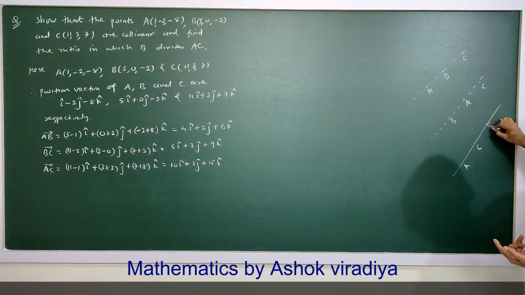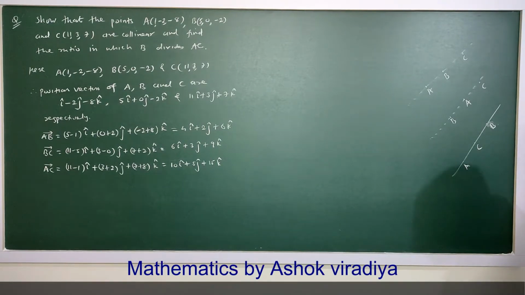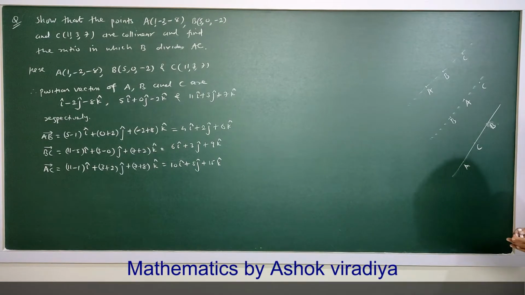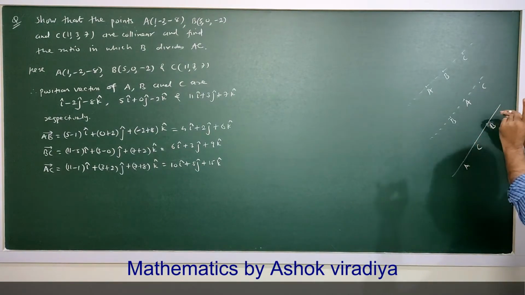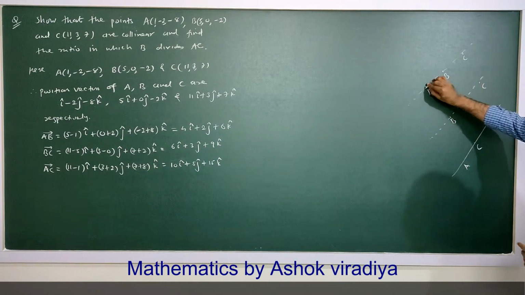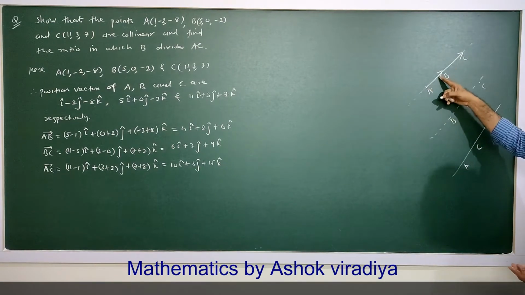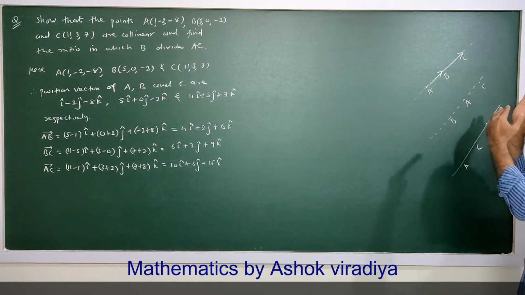So these are the possibilities for collinearity of these 3 points. So whatever the location of the points, to show the points are collinear, we will show that vector AB and vector BC have the same direction.